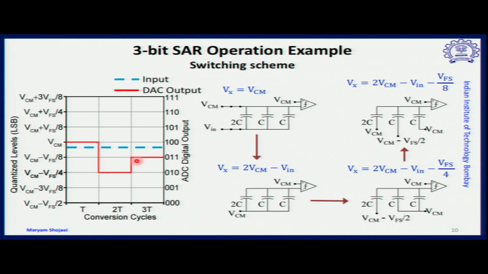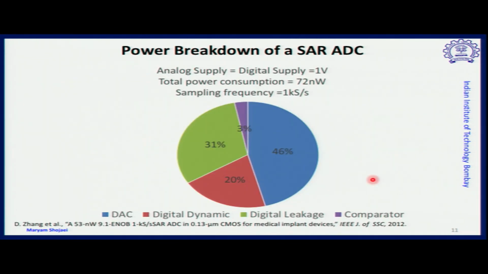This level, which corresponds to the reference level of VCM minus V full scale by 8, is shown on the left, and therefore the code corresponding to the input, which is 0, 1, 1, will be generated by the ADC. So now we know about examples of a single supply switching scheme.